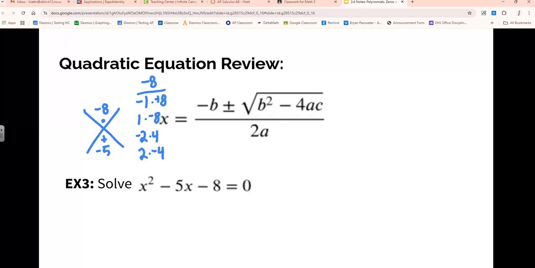So there are lots of quadratics that don't factor. When that happens, you have to use the quadratic formula to solve.